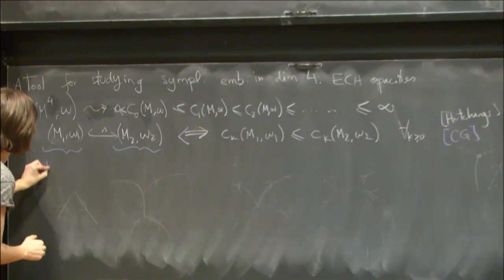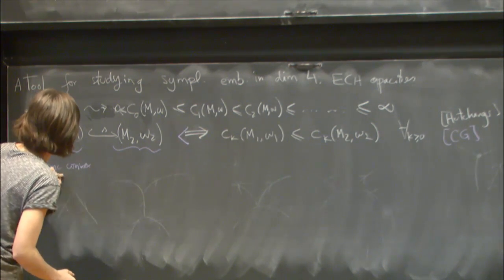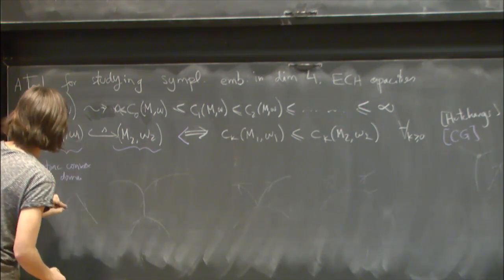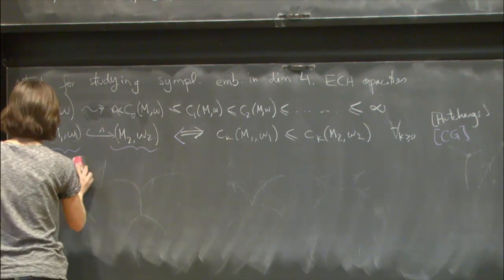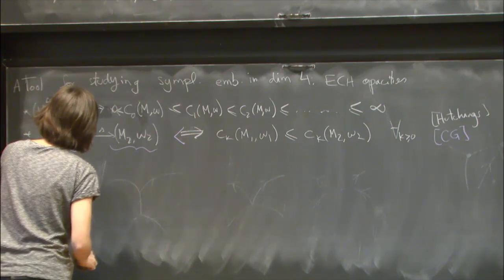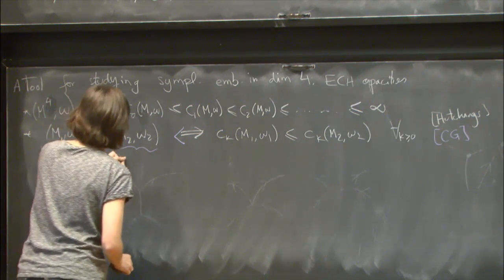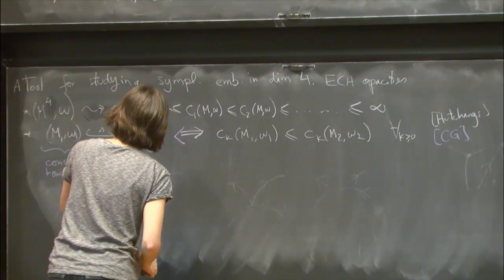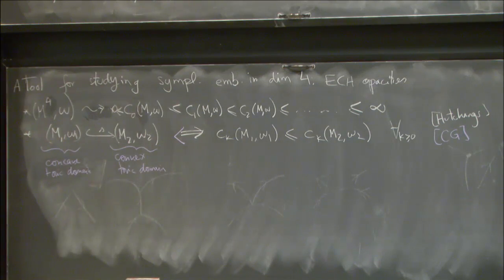And so this would be if this is a concave toric domain, or a convex toric domain. So I should say what a toric domain is and then what concave and convex are.